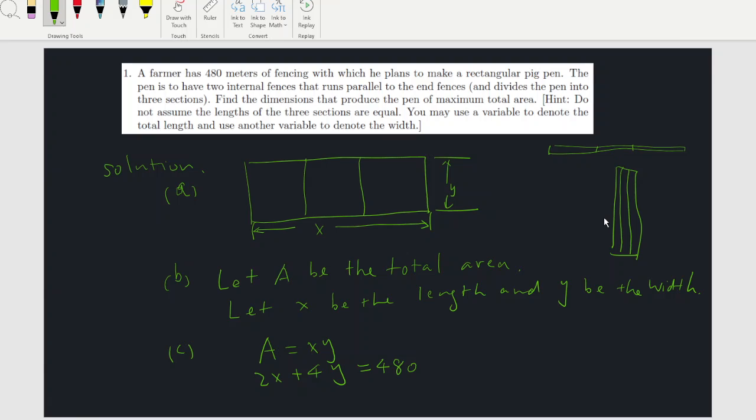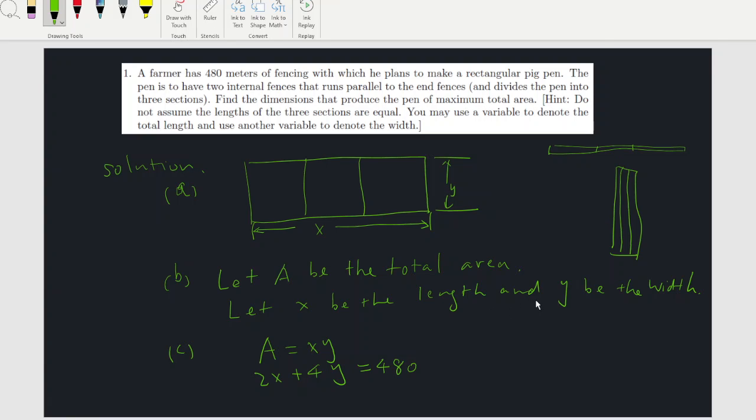You can still have two sections. That's also a pig pen, but the x value is going to be very tiny. Now we're trying to find the largest possible value of y. The least possible value of x will give you the largest possible value of y. Does that make sense?